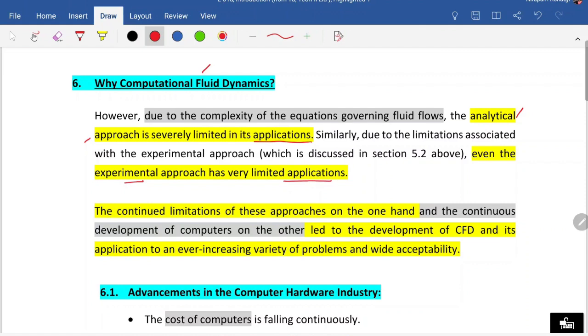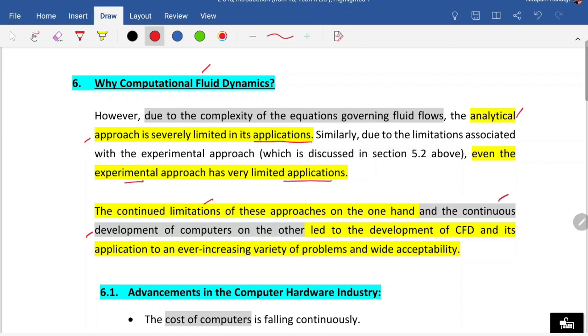So what is happening is the continued limitation of these approaches on one hand. Over the last so many years, let us say the last 30-40 years, these limitations remain. Some improvement has taken place in experimental science, some in mathematics, but no drastic changes have taken place. But on the other hand, there is a continuous development of computers.